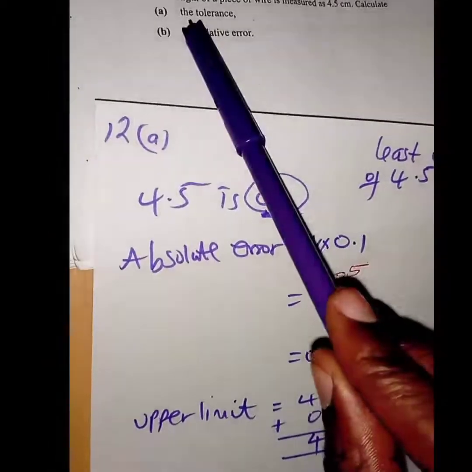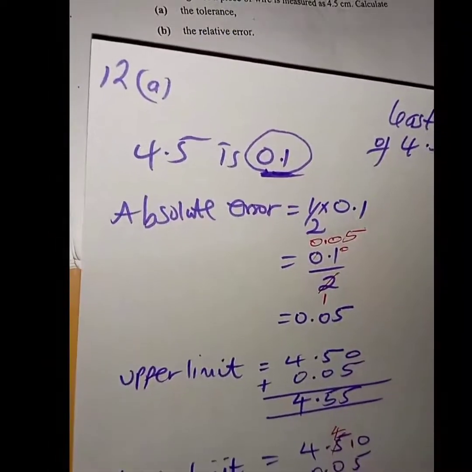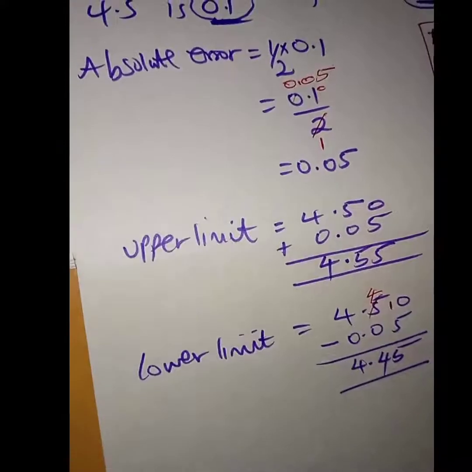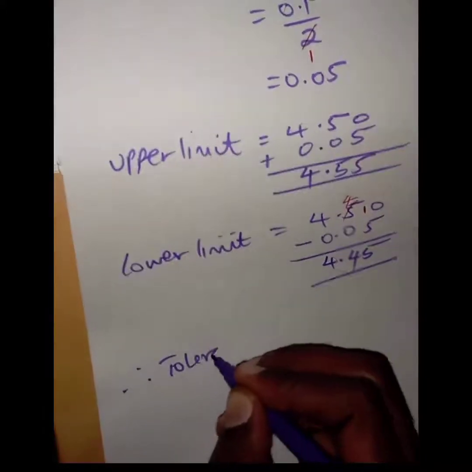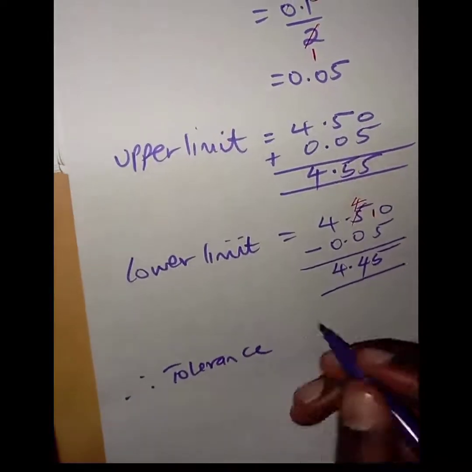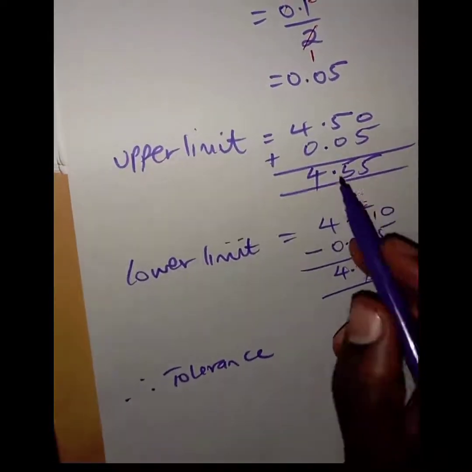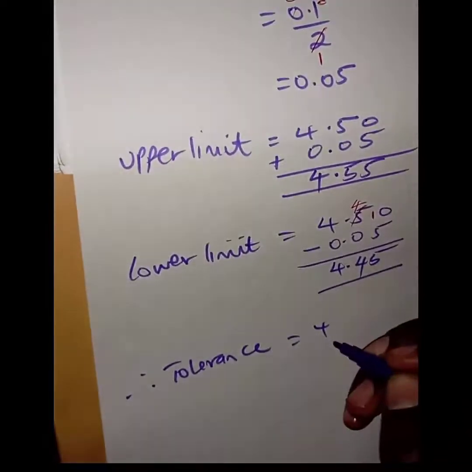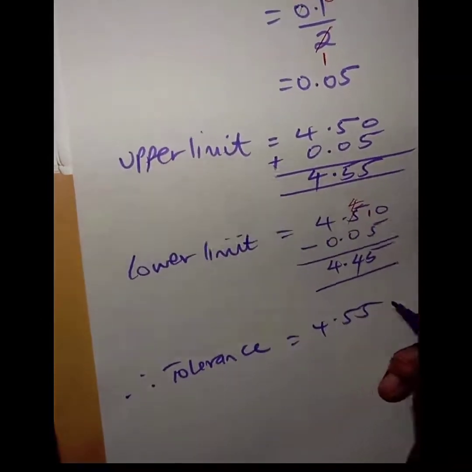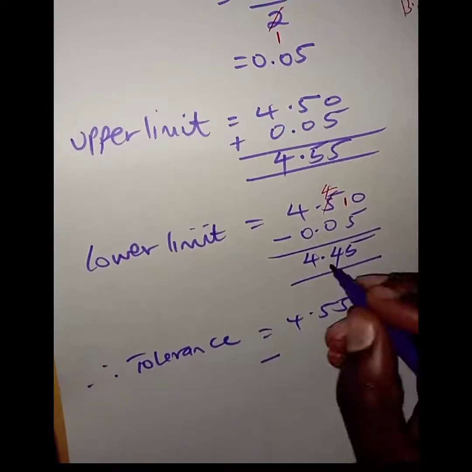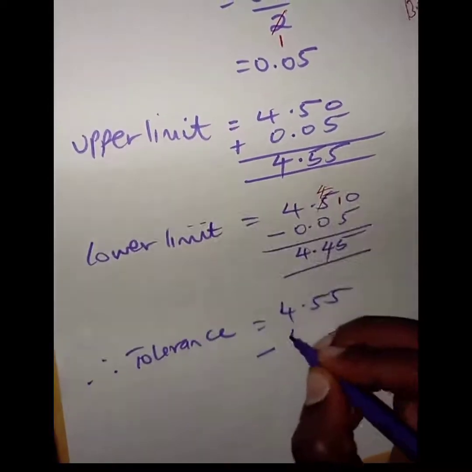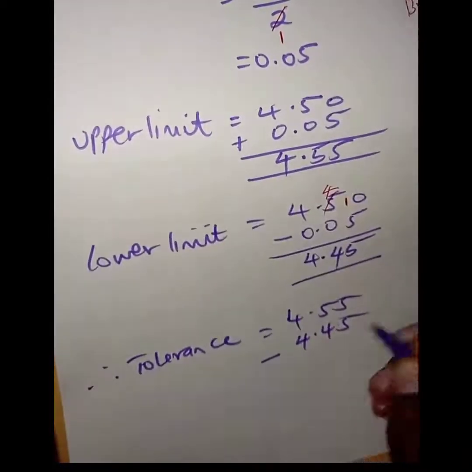Now, tolerance, you simply subtract upper limit minus lower limit. Tolerance, therefore, subtract the upper limit, which is 4.55, minus the lower limit, which is 4.45.